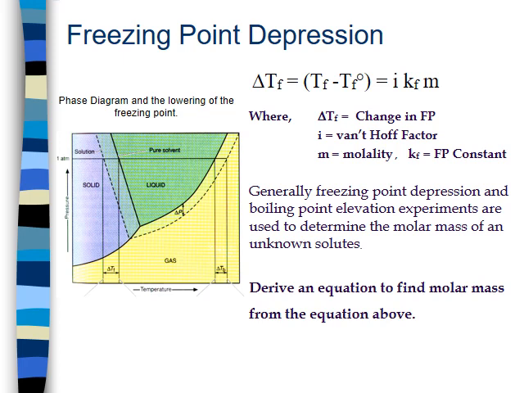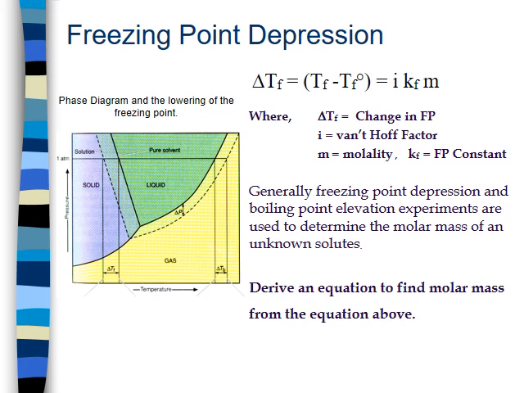Can you take the equation you see here, and start with the formula delta TF equals i times Kf times molality? Can you rearrange that formula to solve for molar mass? To do that, you want to play the same kind of tricks that we played with the ideal gas law earlier.